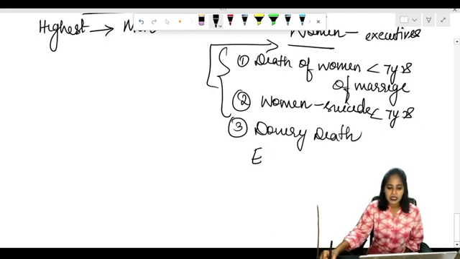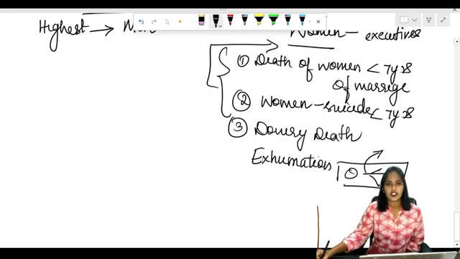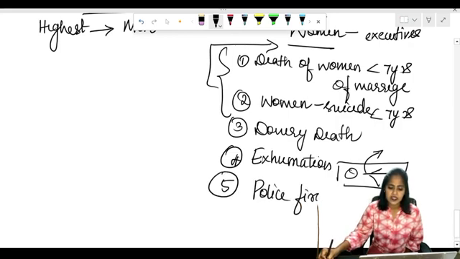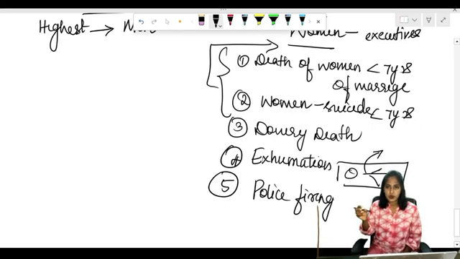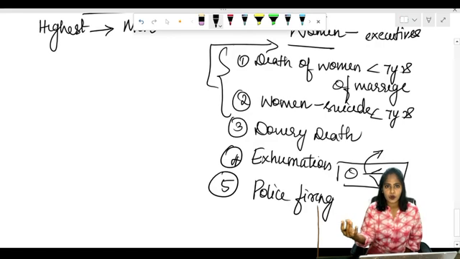It could be a case of exhumation. Exhumation is where there's a grave, someone is already dead, and you want to dig it out and find the cause of death. And the next one would be police firing. Suppose there is a mob going towards a higher official's house, and meanwhile there is a charge where the police have to charge and there is police firing.